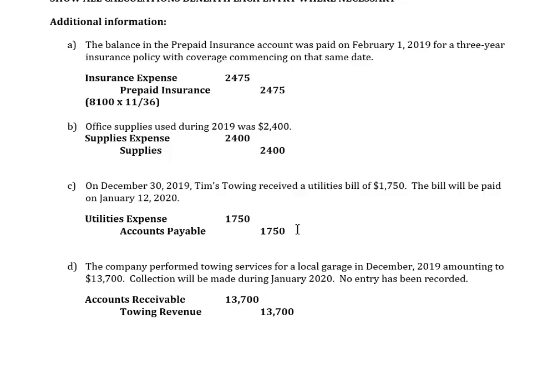We need to make an adjusting entry to show that the utility expense we're going to set up is for this year, 2019. So we don't set up the expense when we pay it next year in January. We set up the expense when we incurred the cost. And that utility expense is $1,750. And because we're not paying until the next year, we're going to set up an account payable for $1,750.